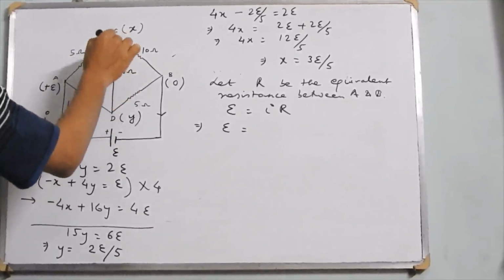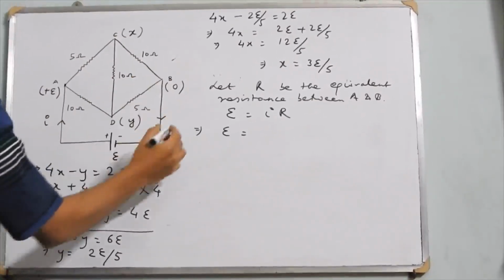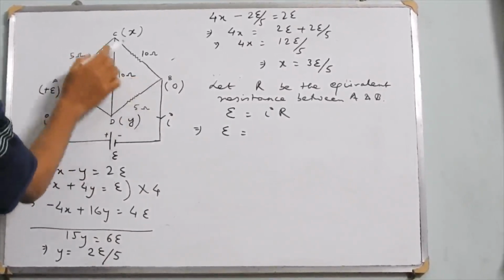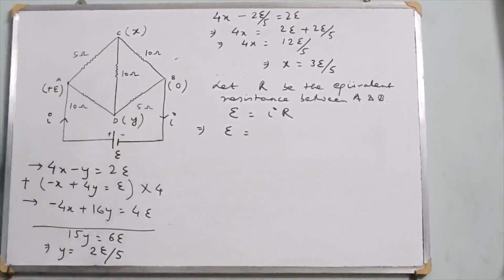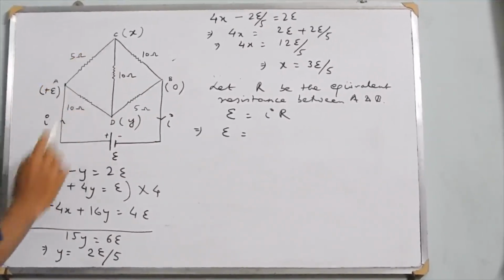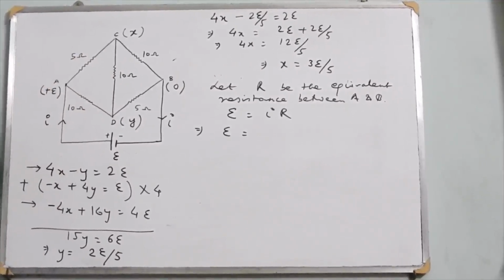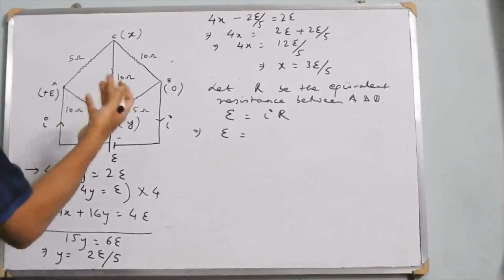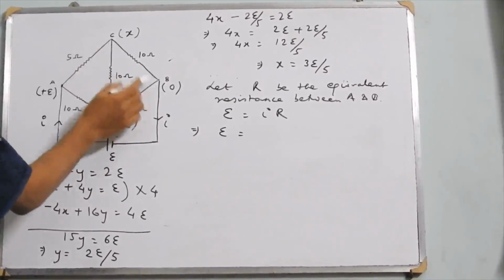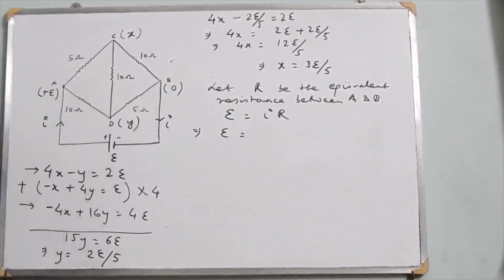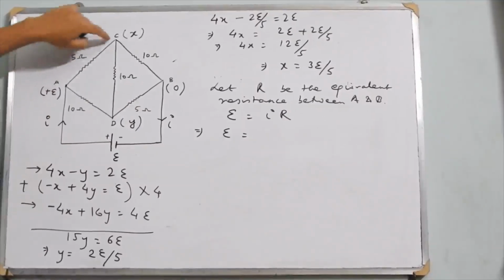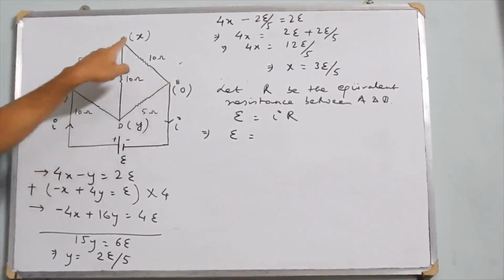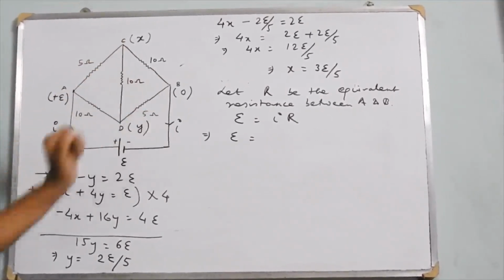Some part will flow through this, they will add up, and again you will get the same current I. So you can also say that the current that flows through this junction and this junction together add up to produce I. So you can use (x minus epsilon) by 5 plus (y minus epsilon) by 10 is equal to the current, or you can say (x minus 0) by 10 and (y minus 0) by 5 is also the current, because the current branches into two parts, and they together add up to produce I again.